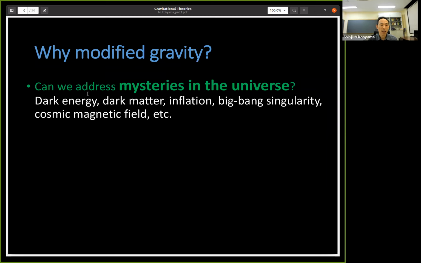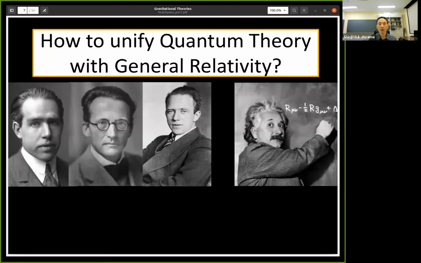The mysteries include dark energy, dark matter, inflation, the Big Bang singularity, or maybe the cosmic magnetic field. If we can replace some of them by modified gravity, that would be great. Also, the second motivation comes from our hope to unify quantum theory with general relativity, namely quantum gravity.